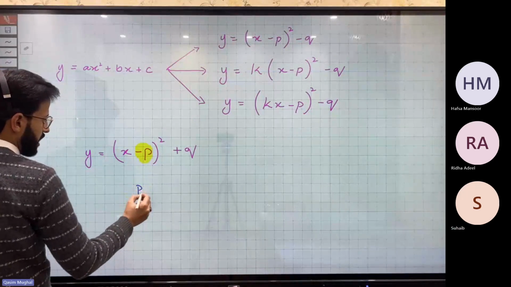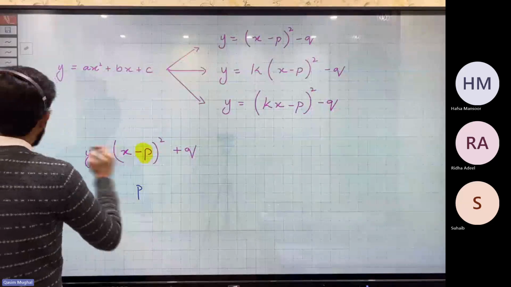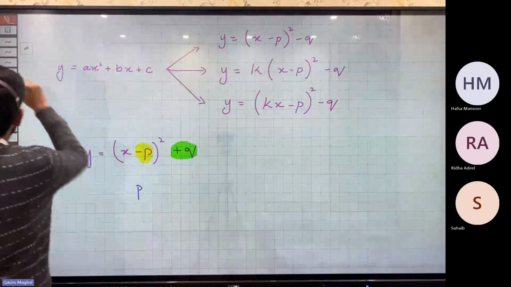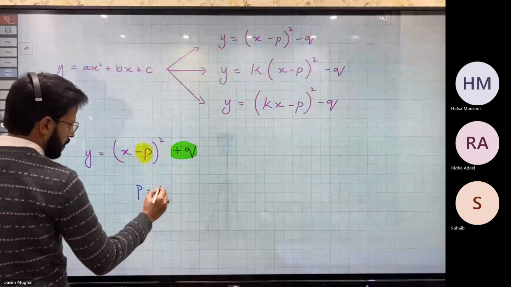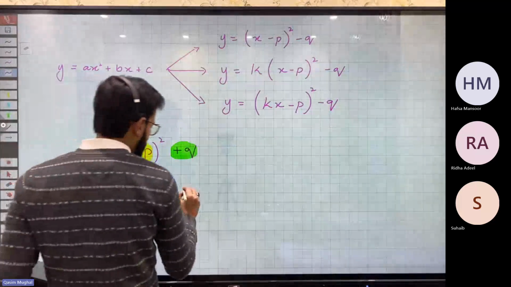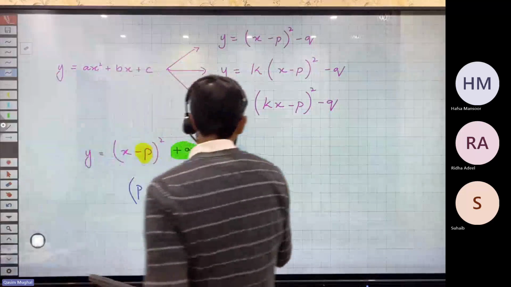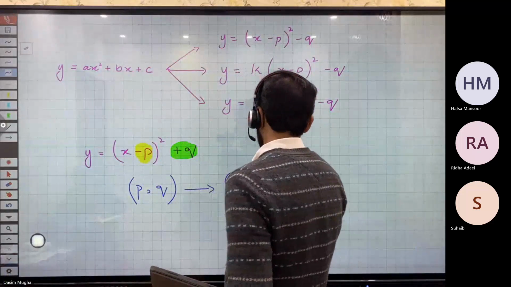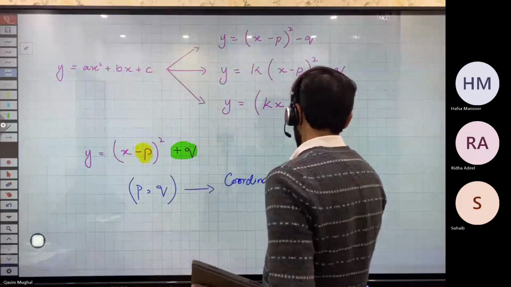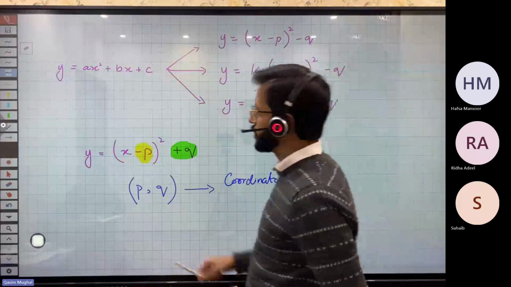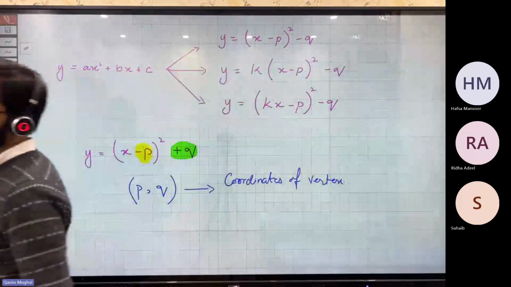Yes, we are going to get plus p. And if I keep this as it is, as plus q, so I'm only changing the sign of this one. These are the coordinates of the vertex for this particular equation.